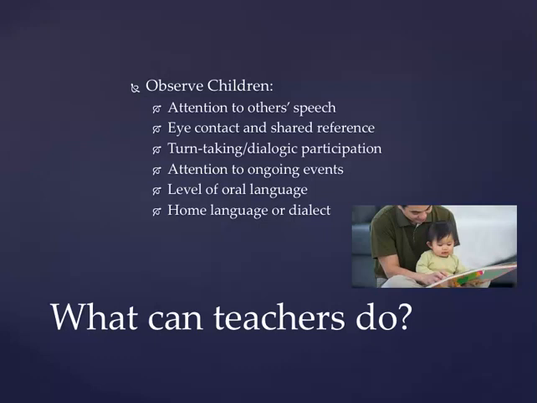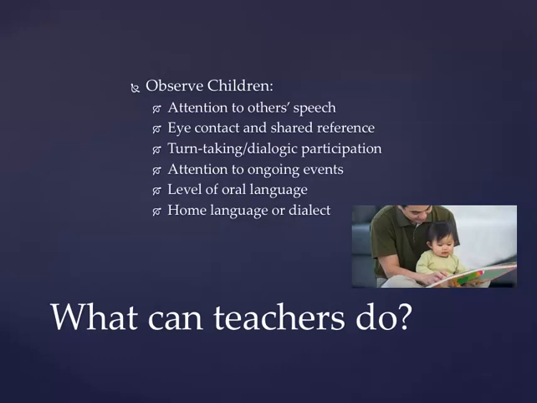activity that teachers can do to support emergent literacy for infants and toddlers is observe them. And when you're observing the children, you are paying attention to or looking for if they pay attention to others' speech, if they're interested in other people speaking, if they're making eye contact, and if they're sharing references with adults, if they can participate in a conversation by taking turns, if it's a dialogic conversation and not a monologue, right?